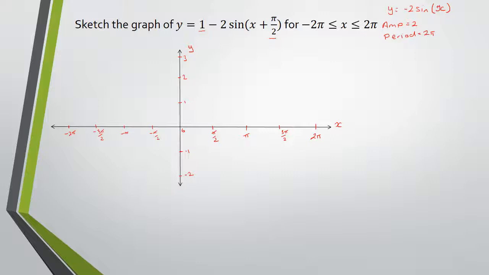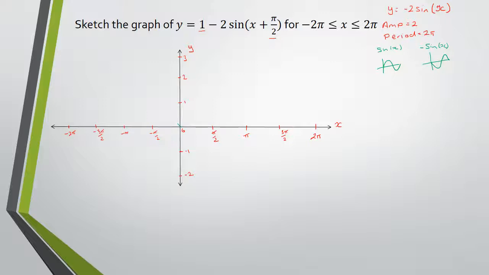So let's think about what this will look like when I sketch this particular function. If I was just sketching the graph of sine x, we know the general shape: we start at the origin, have a maximum, then a minimum. But in this case I'm sketching the graph of negative sine of x. So it's been reflected across the x-axis, and we have a minimum first.